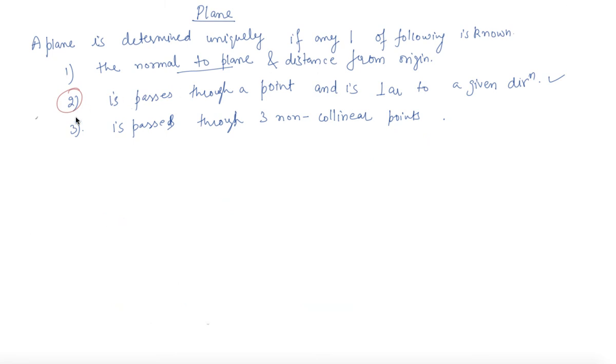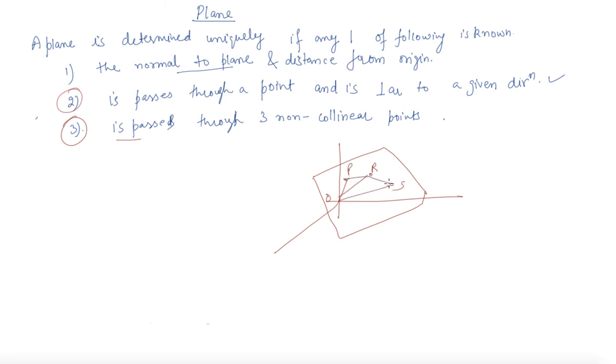So students, now we will discuss third, when the plane is passing through three non-collinear points. So let me draw this. So let us say this is a plane, any plane given, and there are 3 points P, R and S. So this is OP, OR and OS.